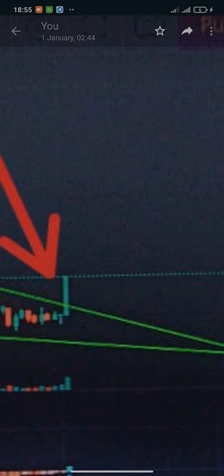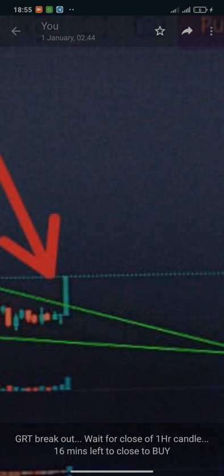But if you can't, me, as soon as it breaks out, I like to pick it from the very earliest stage. I'm going to buy as soon as it has crossed this top green diagonal line that is going down. I'm going to buy, because from there I expect the chart to keep going up to whatever profit I'm trying to target.